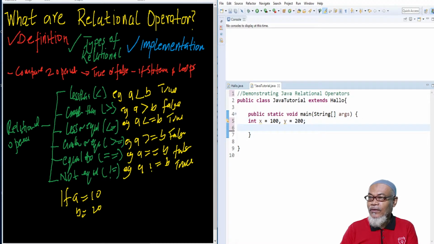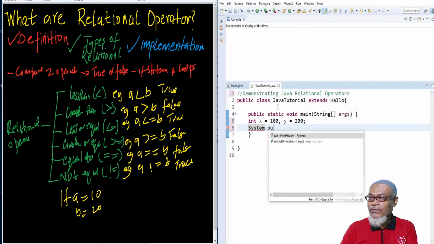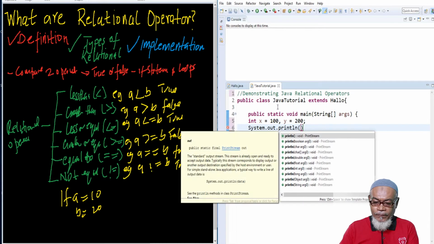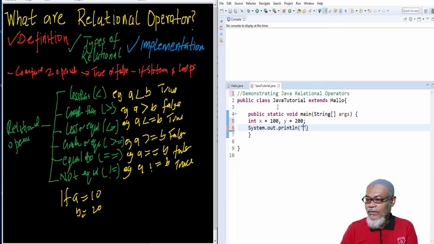We just want to print and see, so we say System.out.println. What we want to print is x less than y.